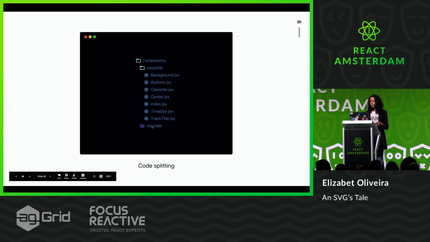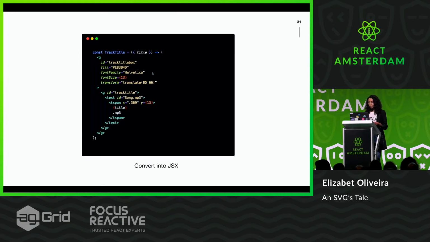All the recorder things go here, and then I have all of these small elements inside the cassette folder. And this is a basic example when you convert the SVG to JSX. As you can see, it's very similar to the real SVG, but the only difference is that instead of having font-family, we have this camel case fontFamily.